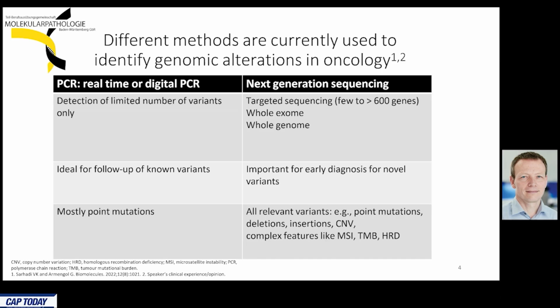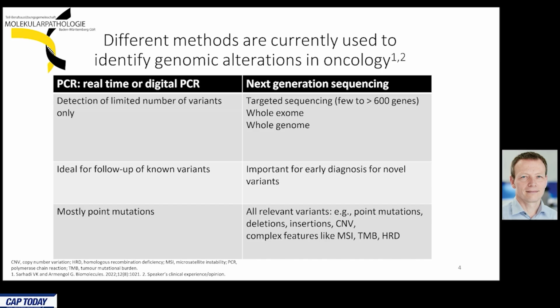If you are looking for comprehensive characterization, you have to go for a targeted sequencing, which may contain from a few to even 600 genes on the panel. And this is very important, of course, for a comprehensive characterization of molecular alterations for progressive tumor diseases or for detection of resistance mutations.